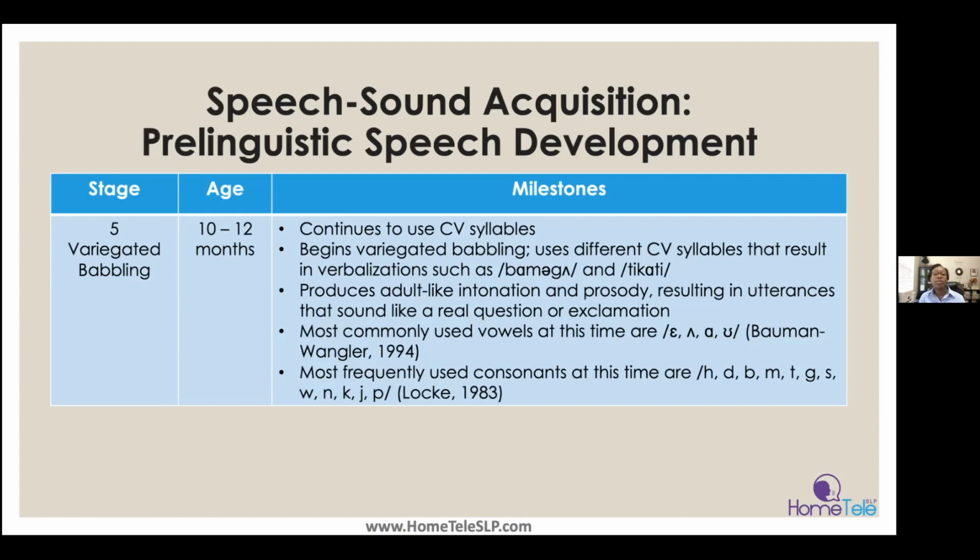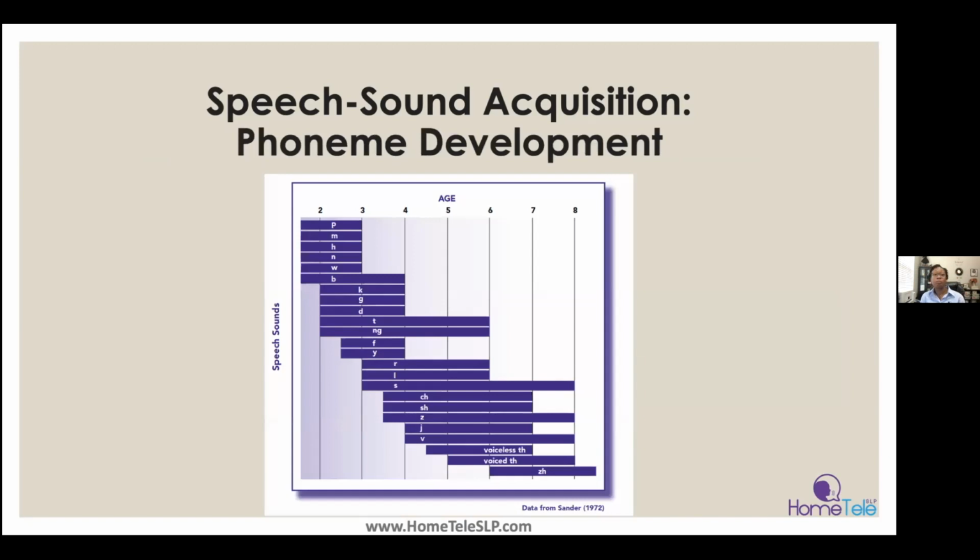And they're frequently using consonants like you see listed on the last line: N, D, B, M, T, G, S, W, K, J, which is a Y sound, and P. All of those sounds are frequently used consonants that are starting to develop. And again, this doesn't mean that every single thing is being hit within this time frame, but you're starting to see pieces of it, if not all of it, to develop.